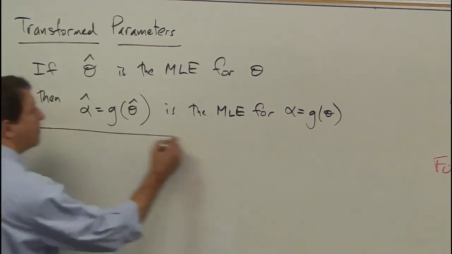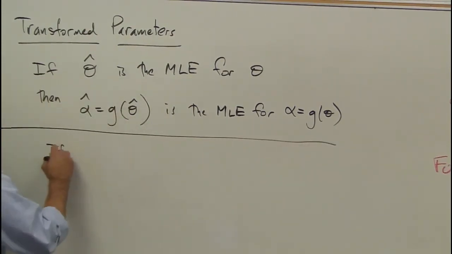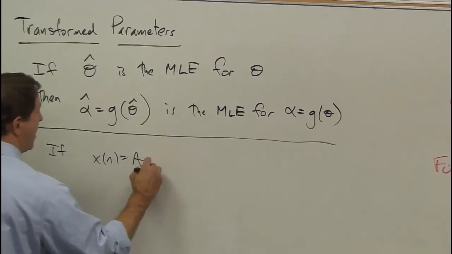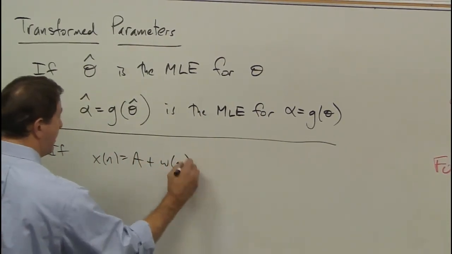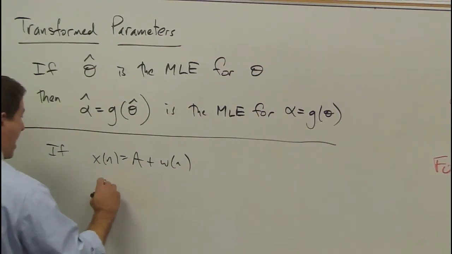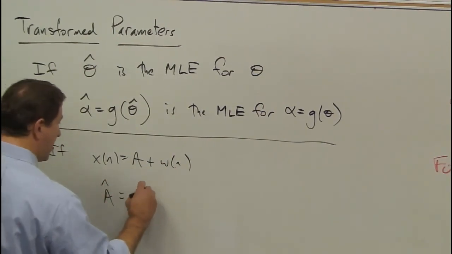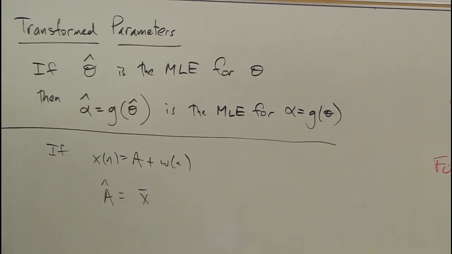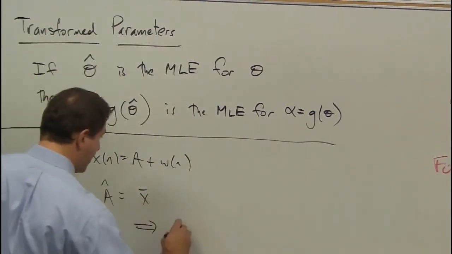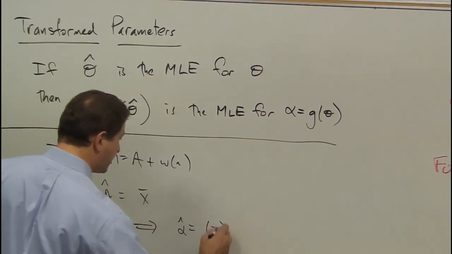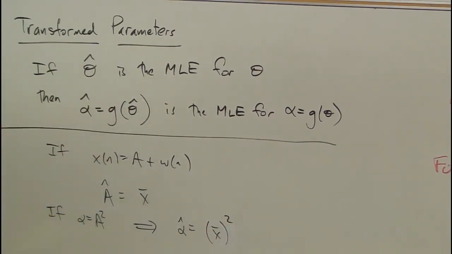So for instance, if x of n is equal to A plus w of n, right? We know that A hat is equal to the sample mean. If alpha is equal to A squared is the parameter, we want to estimate something proportional to the power, then alpha hat equal to x bar squared is the maximum likelihood estimate for the power.